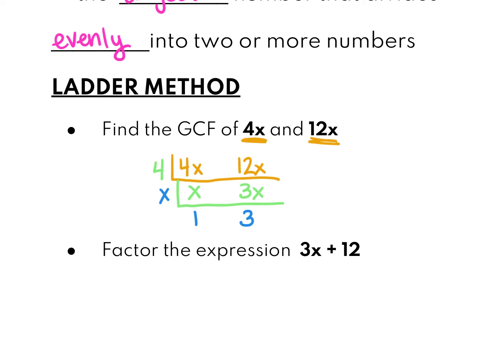And now I'm going to say, okay, do 1 and 3 have anything left in common? No, they do not. They are both prime numbers. That means that I am done. And my greatest common factor is 4 times x. So this is my GCF, 4 times x, which we can rewrite also as 4x. That is my greatest common factor.